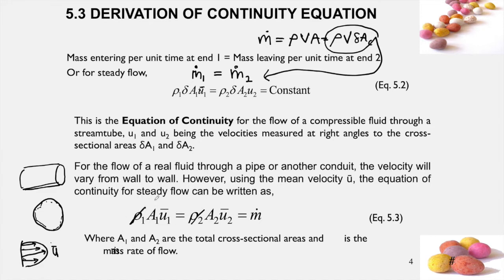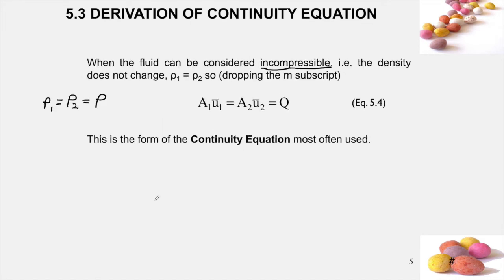These terms will become A1 U bar 1 equal to A2 U bar 2. As we can see here, this equation is actually the equation of discharge. So we know that discharge Q is equal to the cross-sectional area A times U bar.